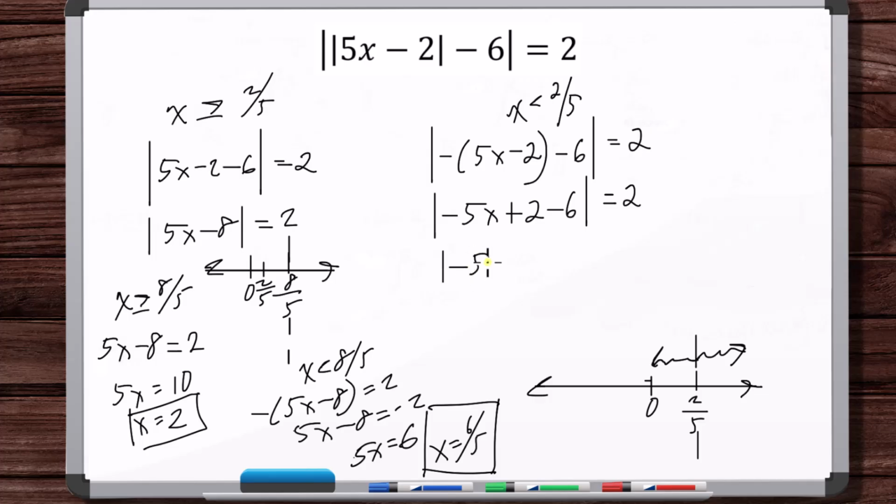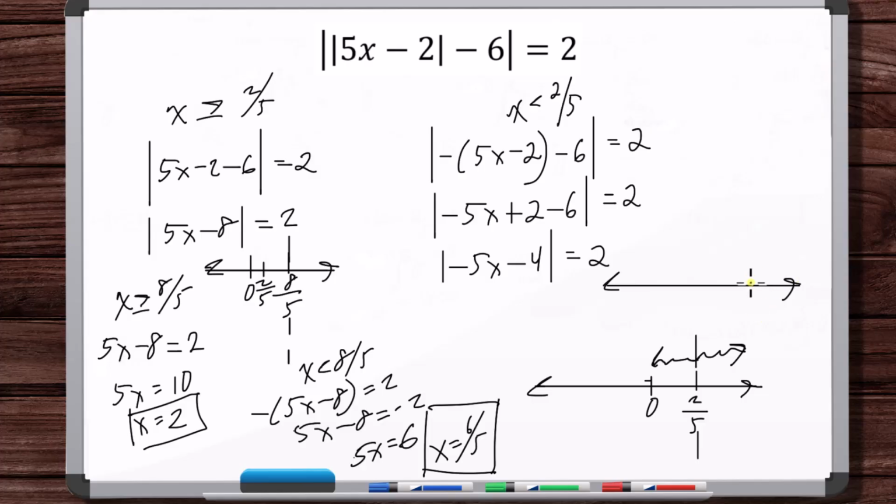Okay, so where do we cross over here? We cross over at minus 4/5. There's the boundary. Now we're dealing with x is less than 2/5. I wish they would have had an example where we only had to do this on one side, but all of these we've had to do it on both sides.